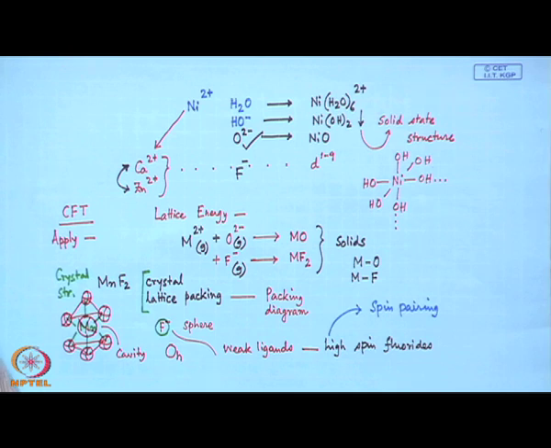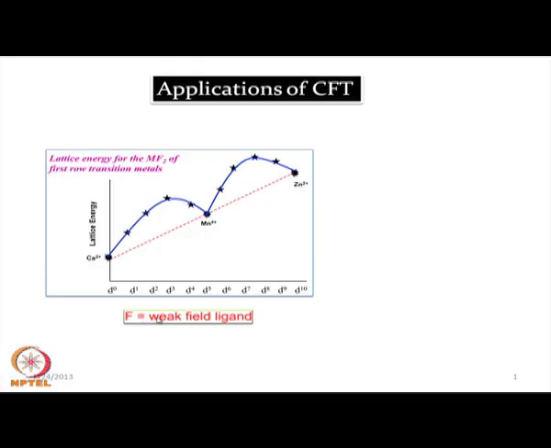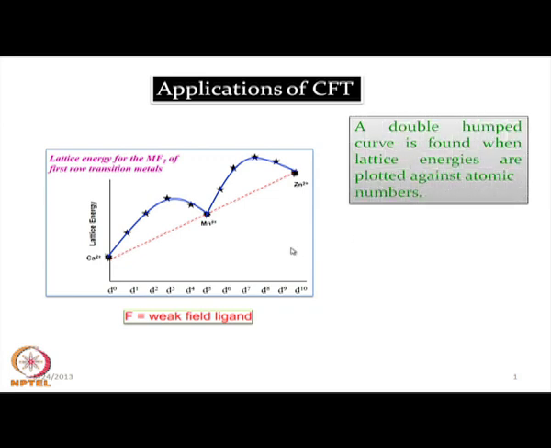These fluoride anions are the weak field ligands showing octahedral geometry, and these are the experimental values for the lattice energy, and we plot those lattice energies against the d electron configurations.